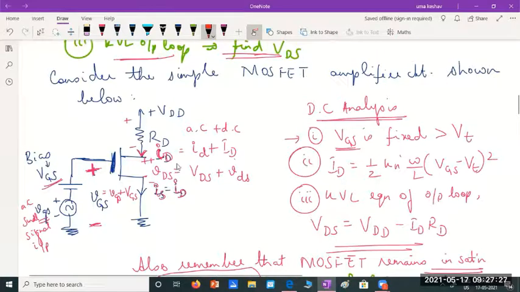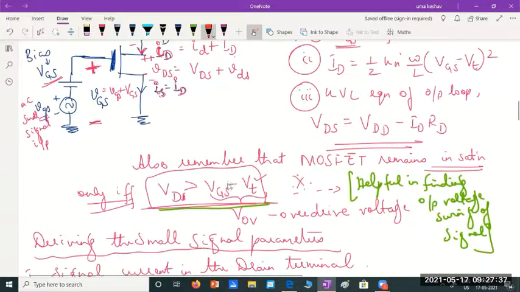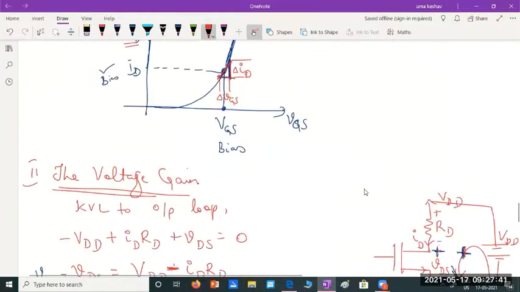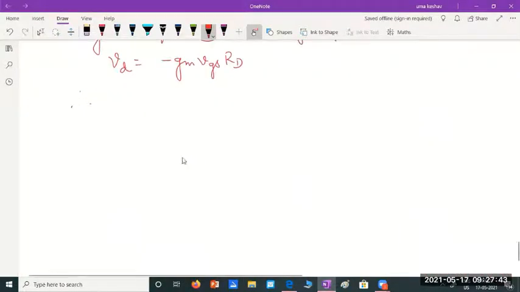Voltage gain is the ratio of output voltage to input voltage, and both I am going to consider small signal values. Please remember, I have to consider small signal values when I am trying to find the small signal voltage gain.